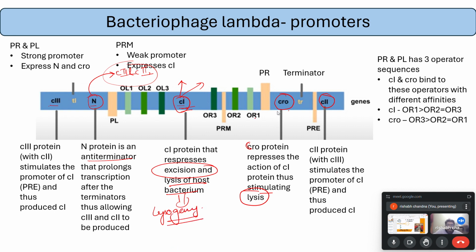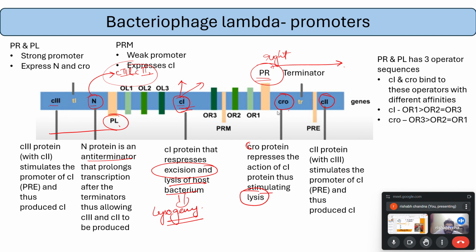Okay, then we have certain promoters. So first we'll go with the PL and PR promoters. Okay, so this PR promoter is for the genes that are present on the right side, this way, and PL promoter for the leftward genes.